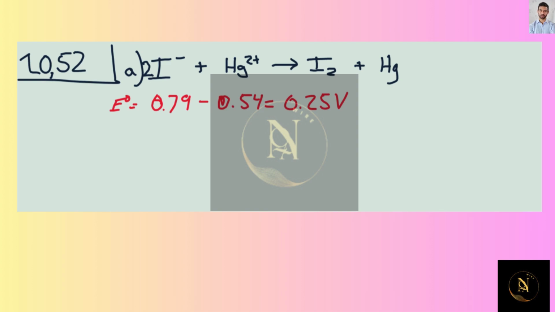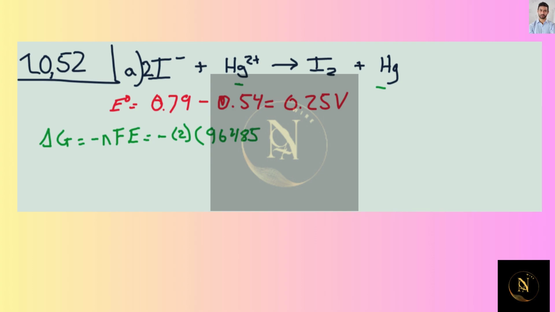So then to calculate delta G, our equation is negative n Faraday's constant times this EMF. This n here represents the number of electrons that are transferred. And since we see mercury 2+ going to neutral mercury, we should say that there are 2 electrons transferred. So we have negative 2, then Faraday's constant, which is 96,485.